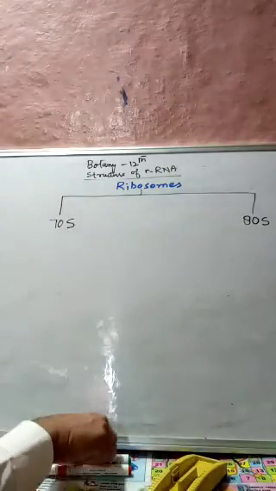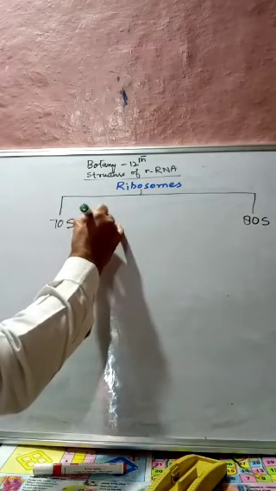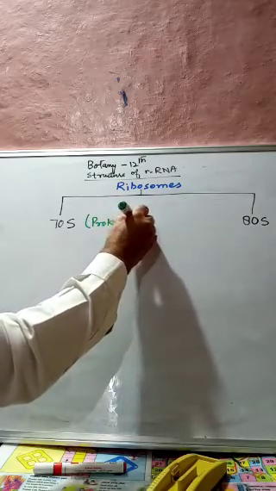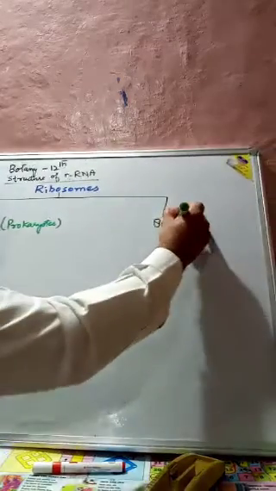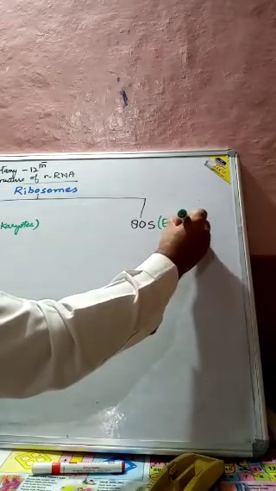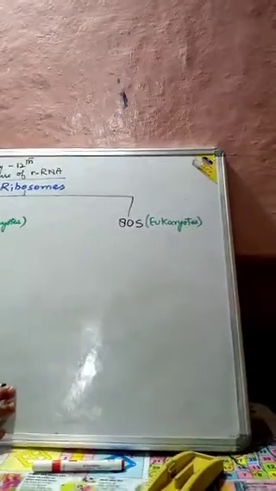The 70S ribosome is mainly found in prokaryotes, while the 80S ribosome is mainly found in eukaryotes.